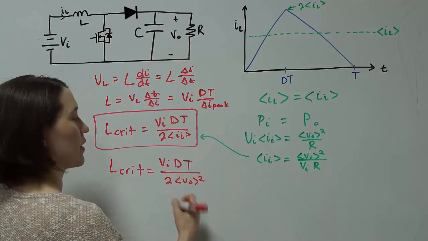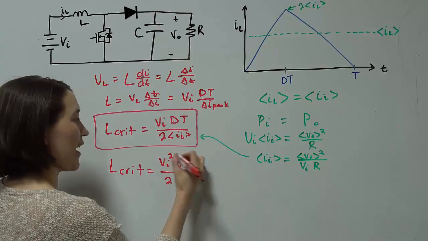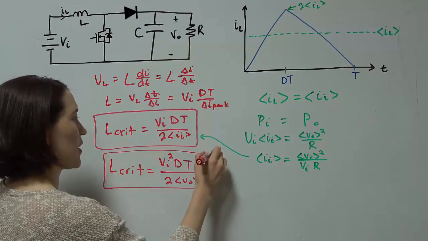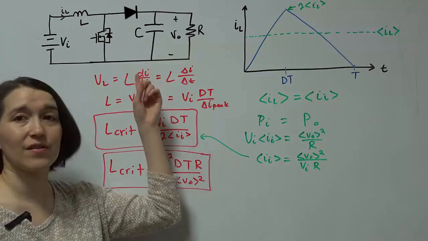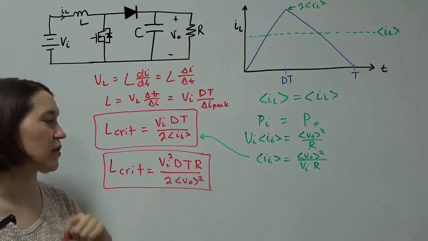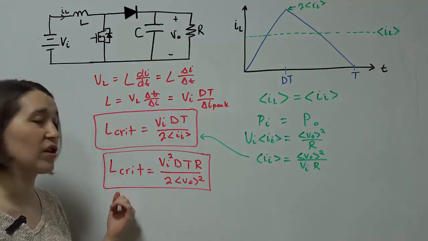Then these two are going to go to the top, so we're going to get a V in squared and an R here. So this is another expression if you have a resistive circuit like this and you just need to know your output voltage and your resistor value, and you can plug that in to get your critical inductance value.